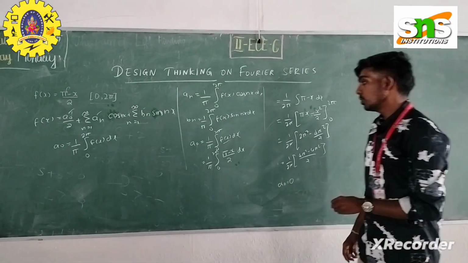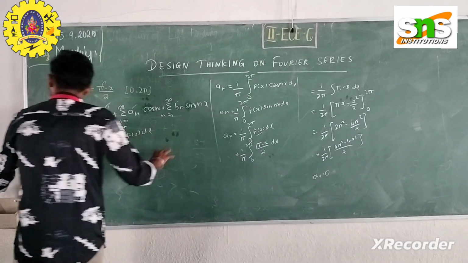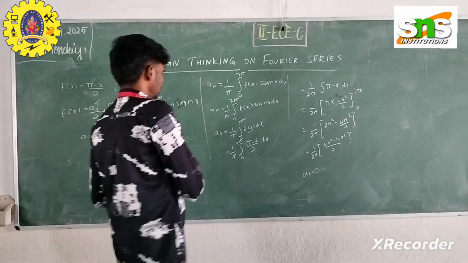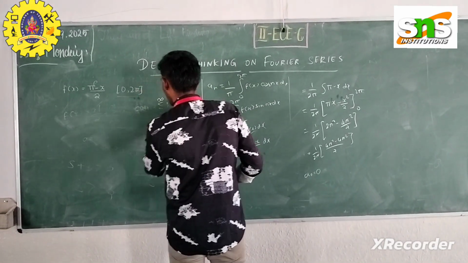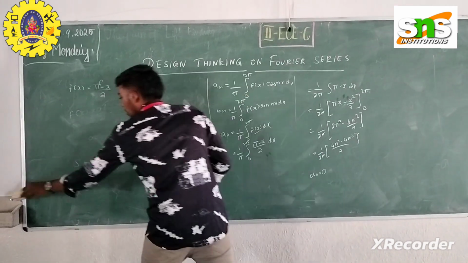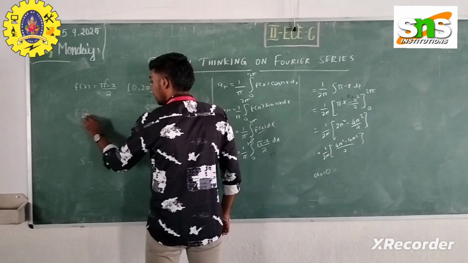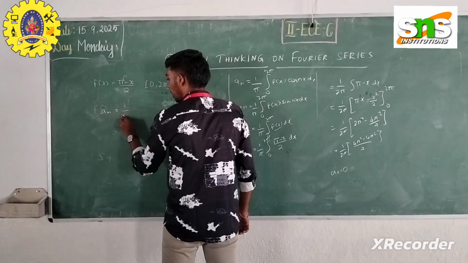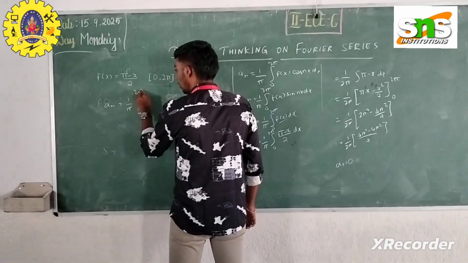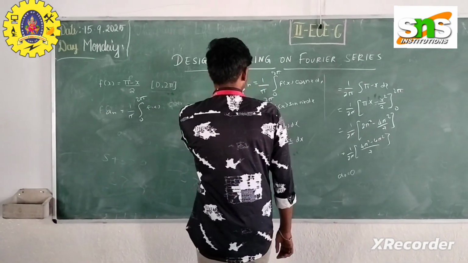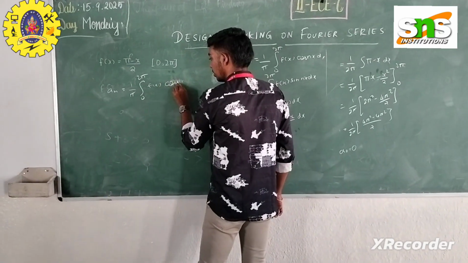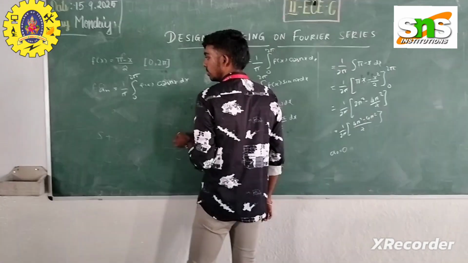In a similar way we can work out an and bn. The formula for an is 1 by pi integral from 0 to 2 pi of f of x cos nx dx.